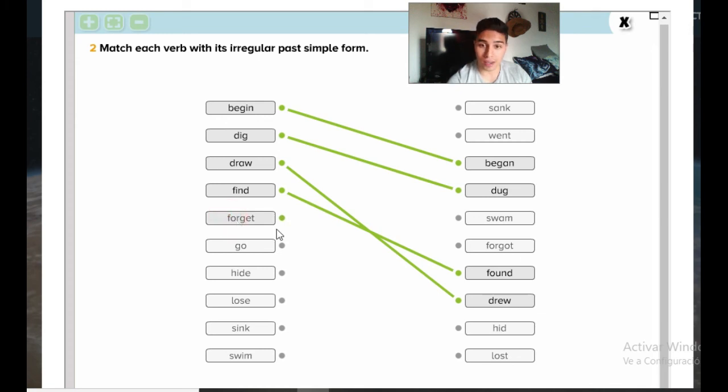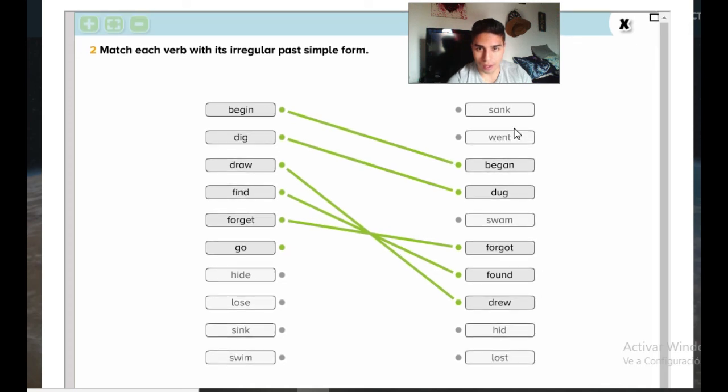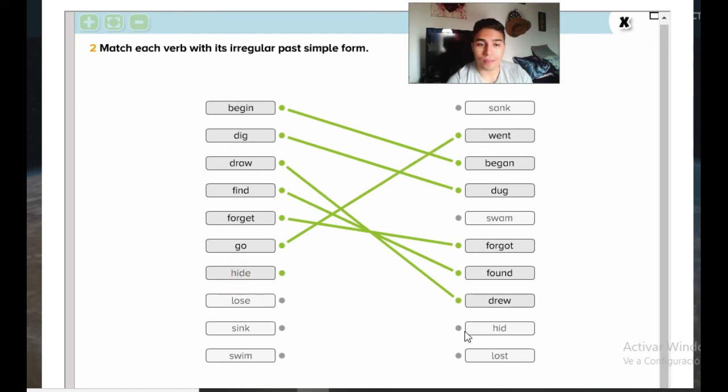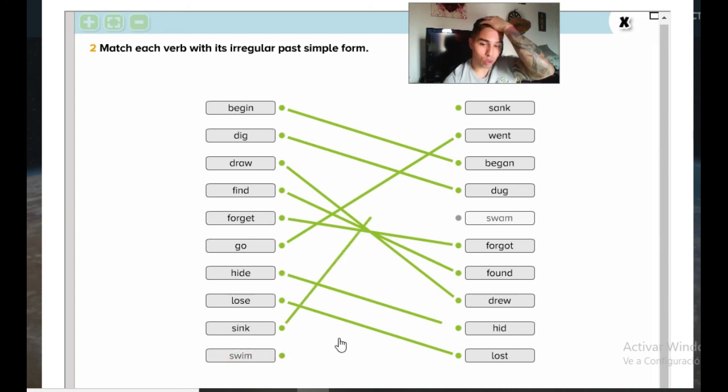Forget, forgot. Yes. Go, went. Oh my God, what is went? Where is it? It's up here. Hide, hid, lose, lost, sink, sank, and swim, swam.